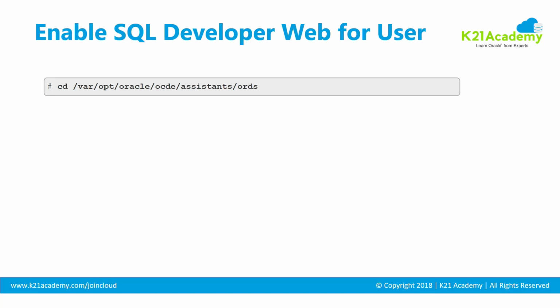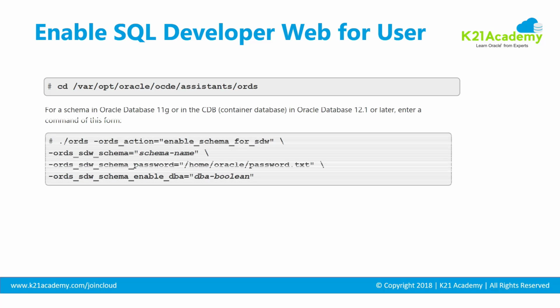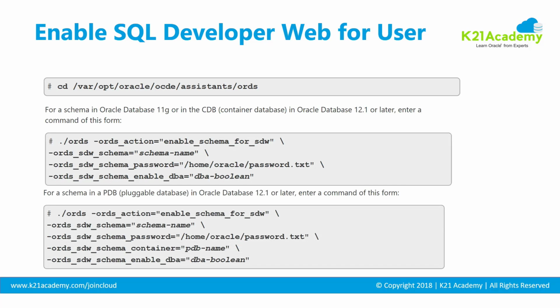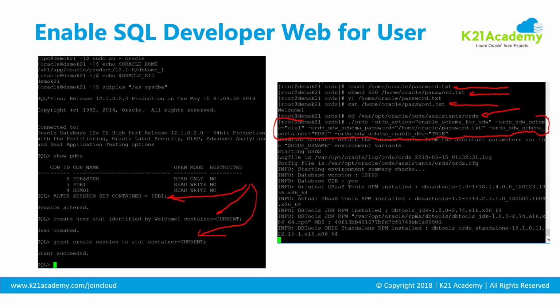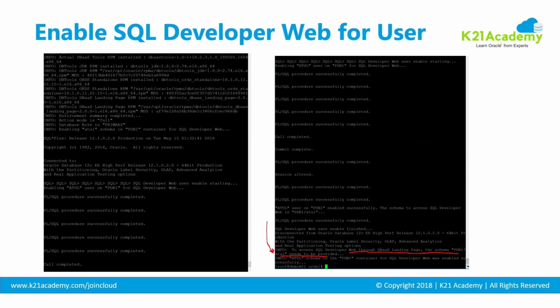Once you have updated the database cloud tooling, and if you want to give some additional database users access to the SQL Developer Web, depending on whether you're in 11g or 12c, you run the appropriate ORDS command. This is the example I've shown you earlier on how to do that.